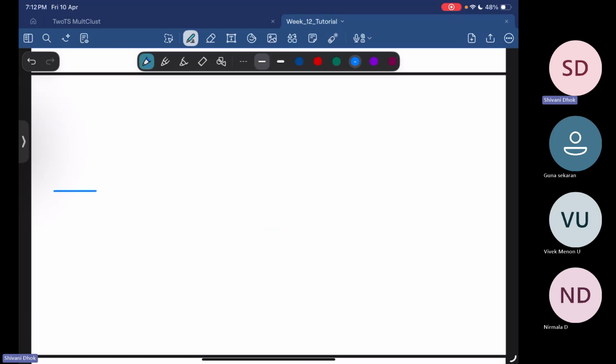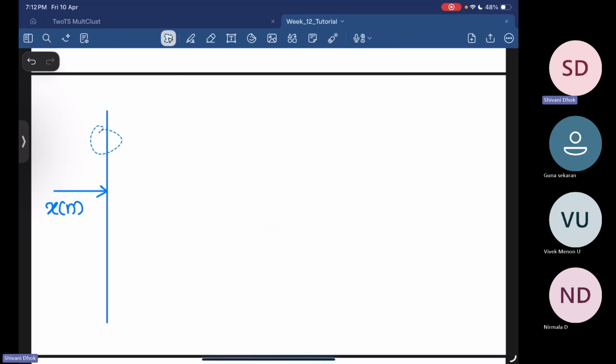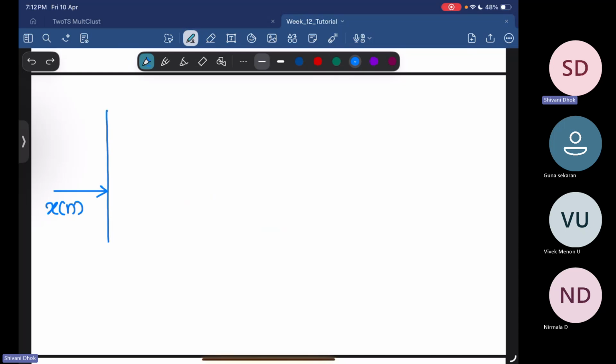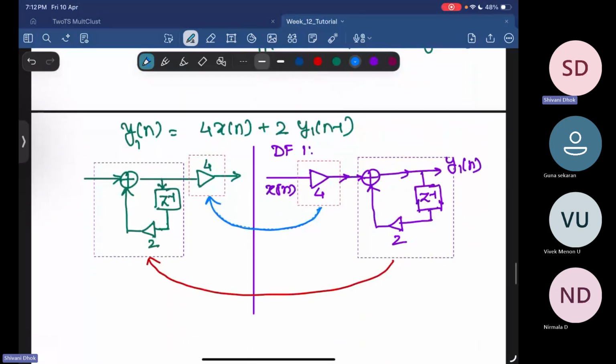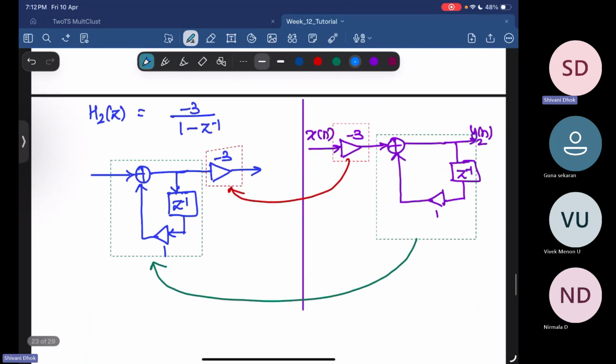So you have x of n, you have first the representation of your h1 of z, which is something like this.